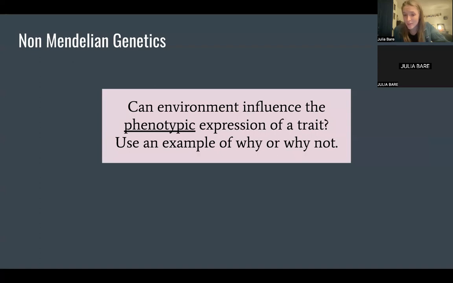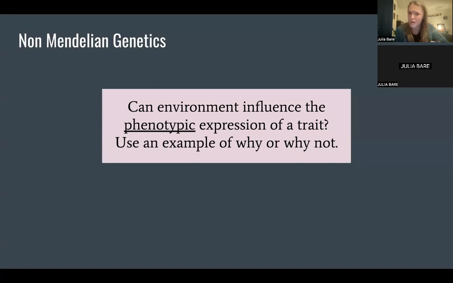A couple examples are going to be skin color and hair color. If you're in an environment where you have a lot more sun, your phenotypic expression of your traits might be different than if you are in an environment where there is a lot less sun. For example, blonde hair tends to change color in environments where there is more sunlight. It tends to bleach the hair.